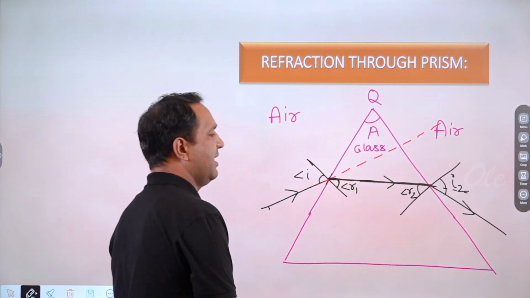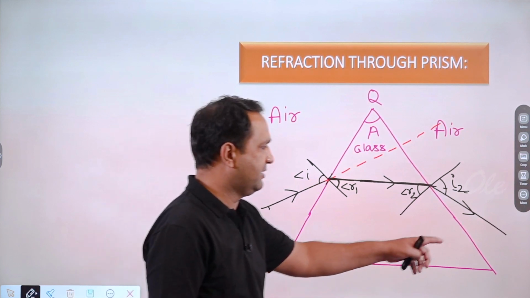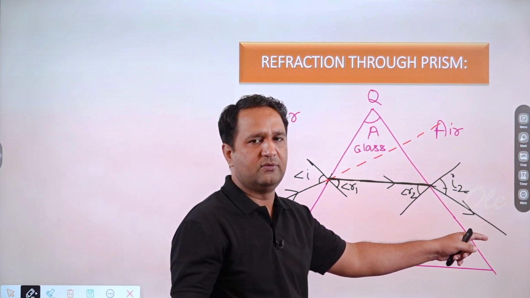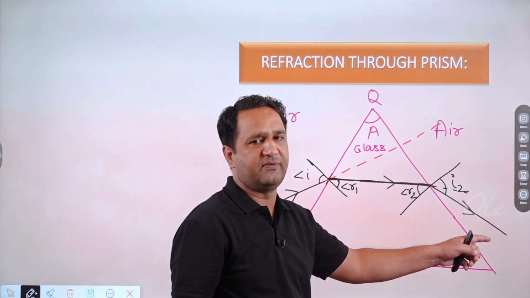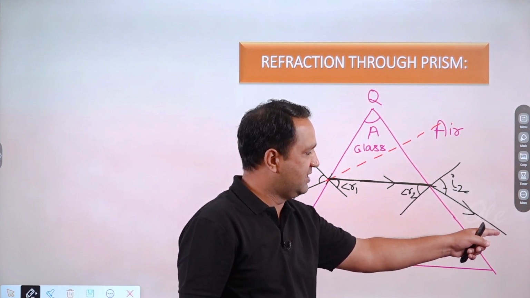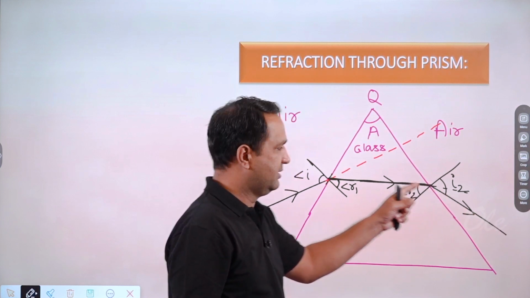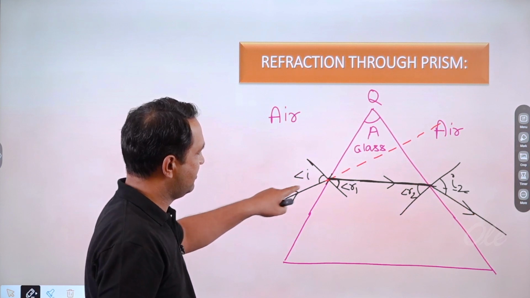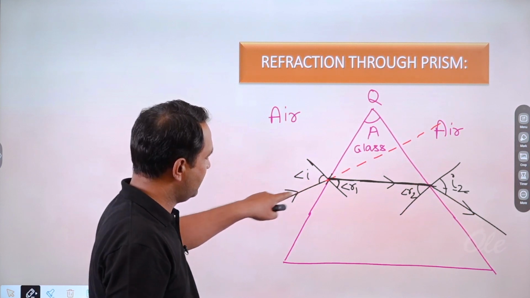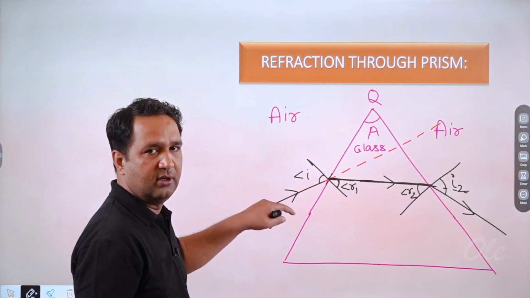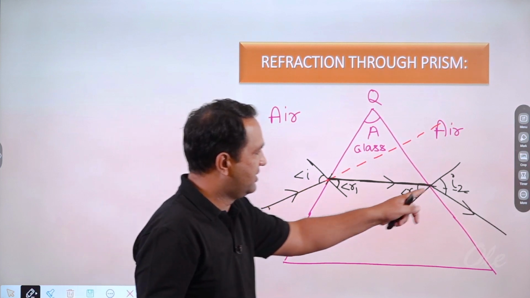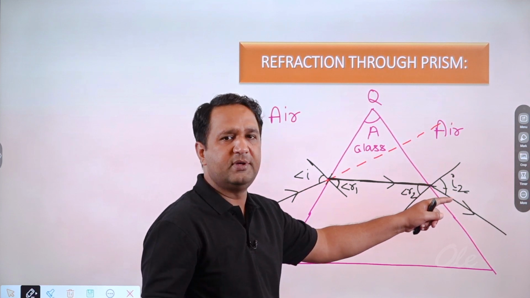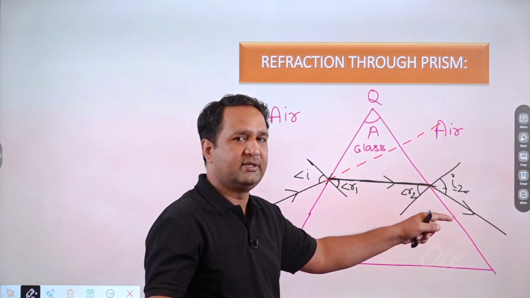Right? Why am I writing I2 here? Because there will be the principle of reversibility. You have studied the principle of reversibility? Means what? If this is the incident ray, then it will follow the same path, and this one will be the refracted ray. This is the angle of emergence right now. I wrote it I2. I2 means angle of incidence. Why did I do this?